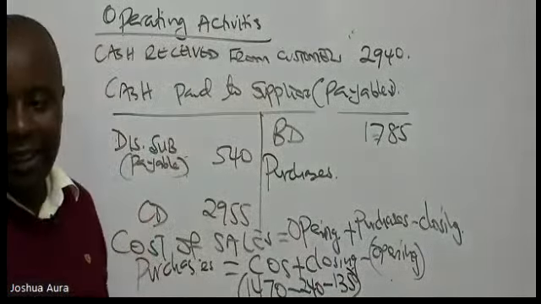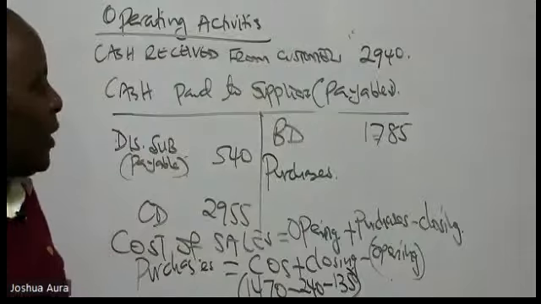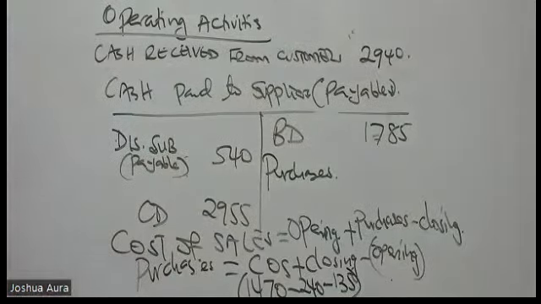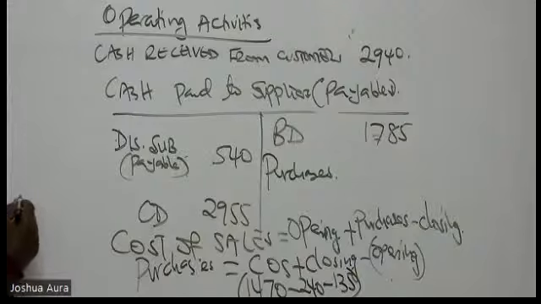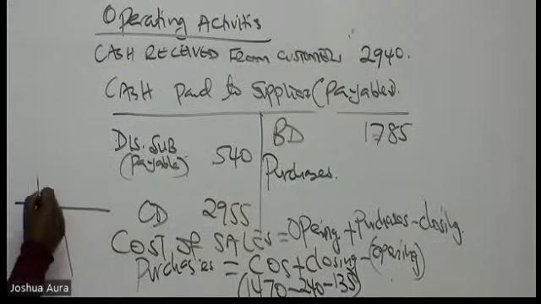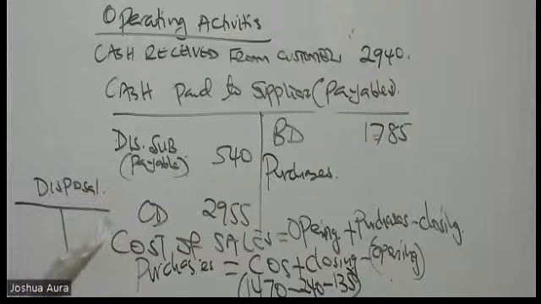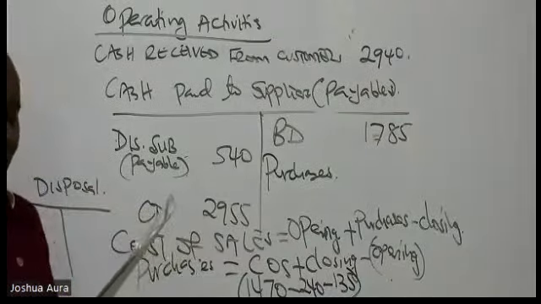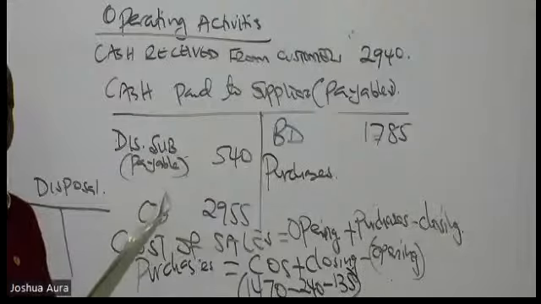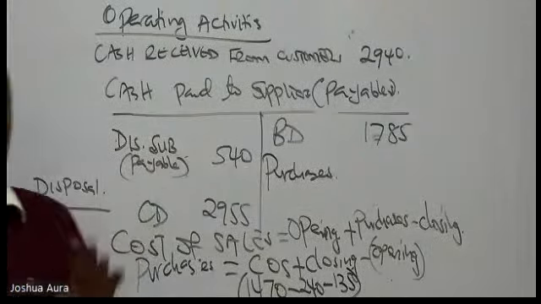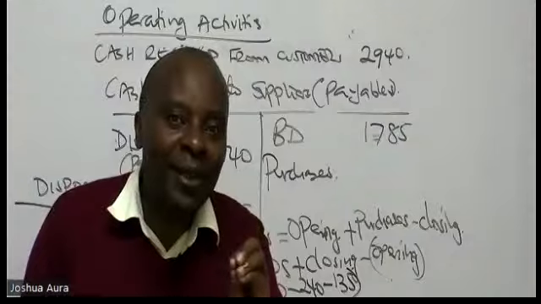However, in the interest of the students who have just joined us, if I'm to do a disposals account, just a small account here called disposals account. Like they're telling us, an item of property, plant, and equipment whose carrying value was 885 was disposed. When you dispose a PPE, what happens?